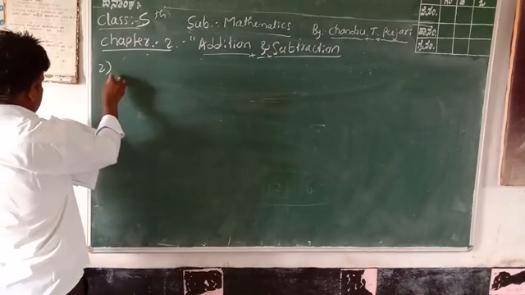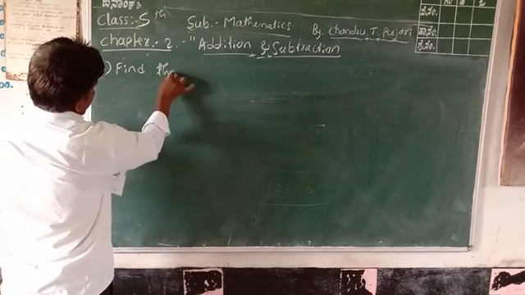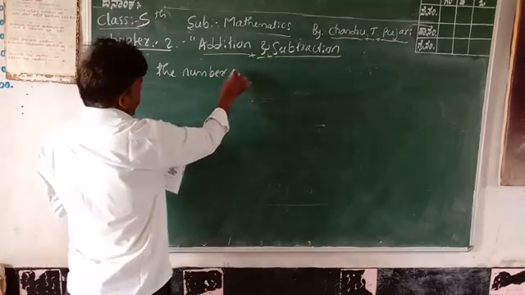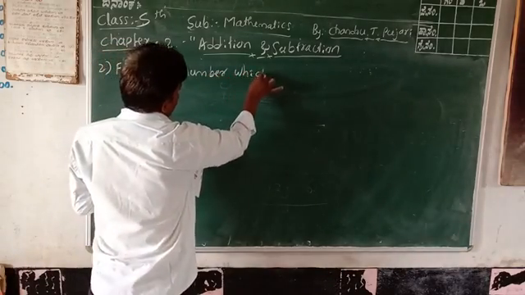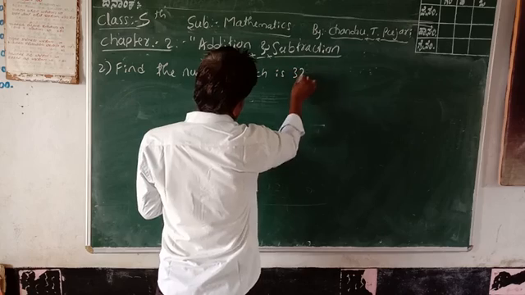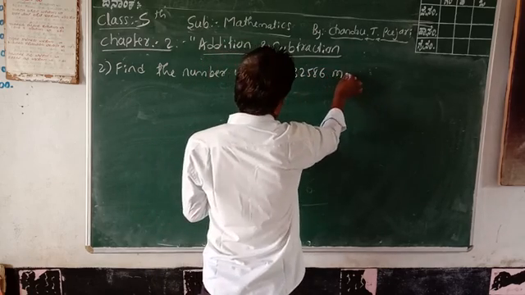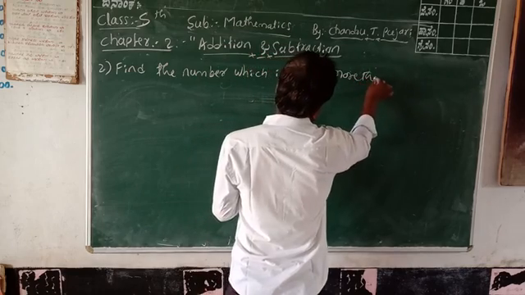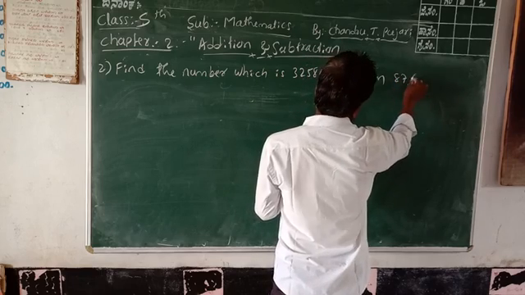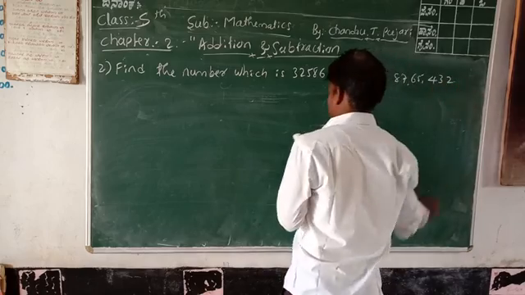Second one, find the number which is 32,586 more than 87,65,432.